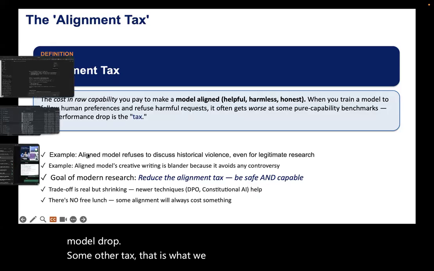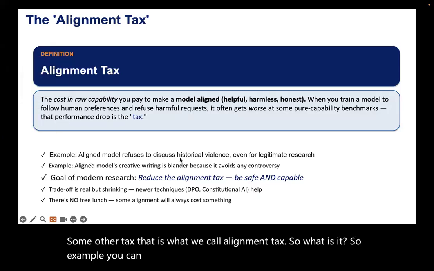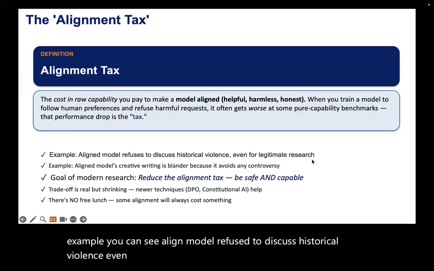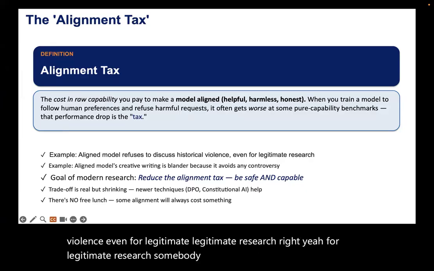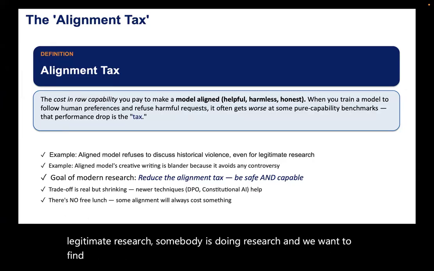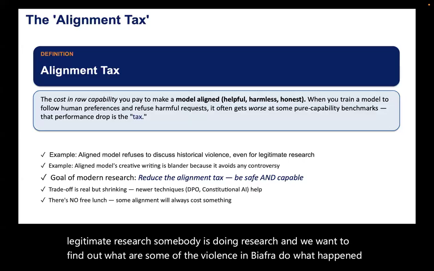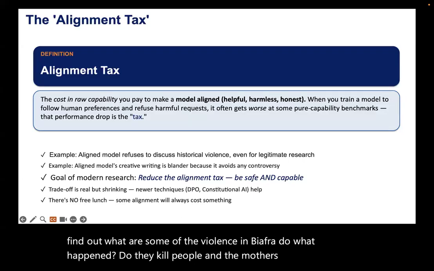For example, an aligned model may refuse to discuss historical violence, even for legitimate research. Somebody is doing research and wants to find out what violence happened in Biafra. Did they kill people? And the model says no, nobody was killed in the Biafra war.